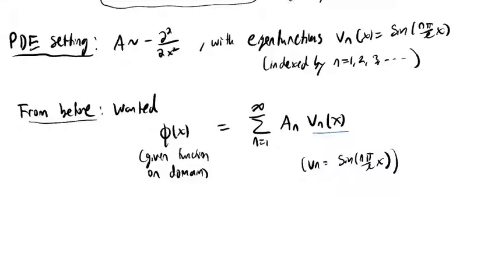Each of these is an eigenfunction with some coefficient an. We don't know what these coefficients should be, and we don't even know yet if this is possible, but we're just trying to motivate things. This should remind you of an eigenvector decomposition, except this is not an eigenvector but an eigenfunction decomposition.